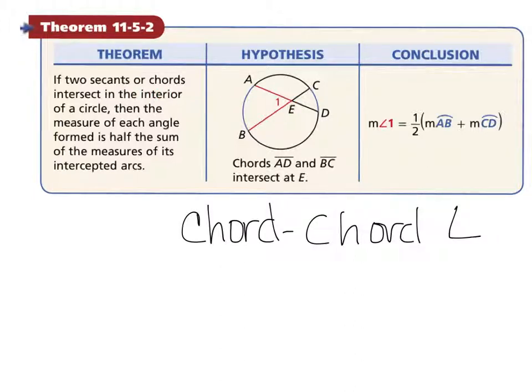So if two chords intersect in the interior of a circle, then the measure of each angle is half the sum of its intercepted arcs. So in order to find the measure of angle 1, or its vertical angle, you would add the two arcs together. So you would add the measure of arc AB and the measure of arc CD, and then you take half of that.